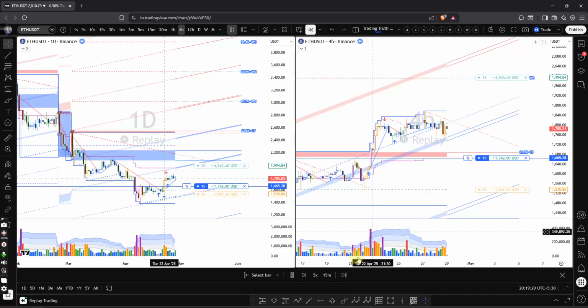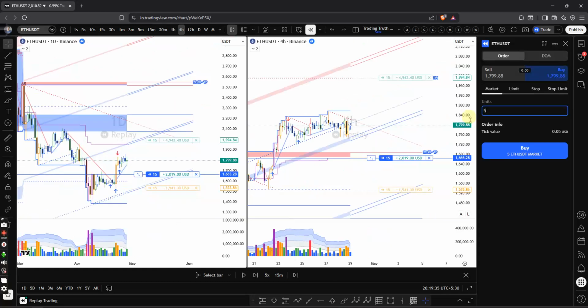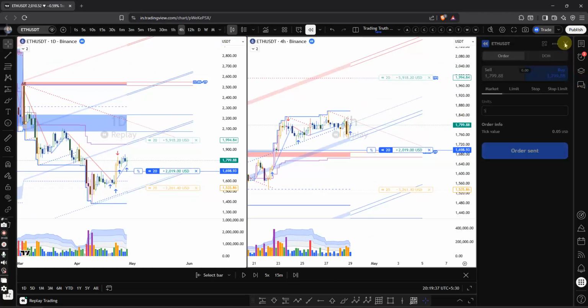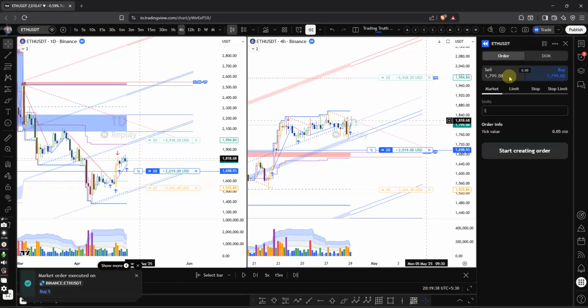Here, when it comes, I'm gonna add to the trade and it just went up from there. I'll just add another five trade, you see, it's already in the up wave, okay?